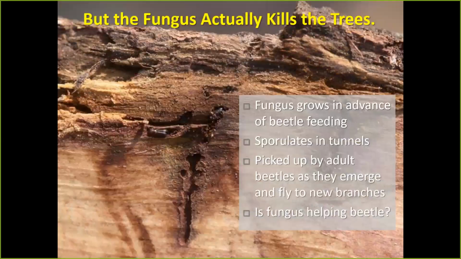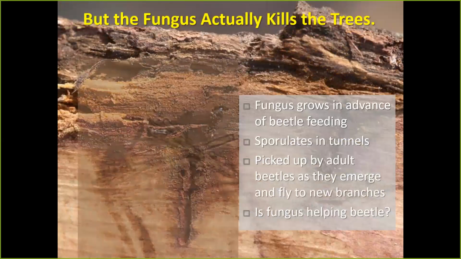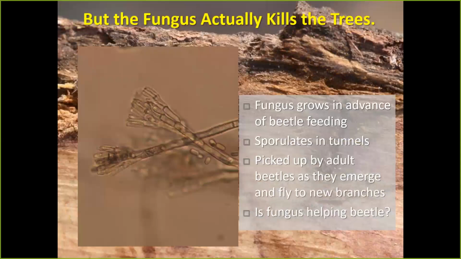Okay, so here we see the walnut twig beetles. They are actually boring through the tissue beneath the bark, and you can see wherever they're feeding, there's this blackened wound response, and that's actually the dead tissue. And the dead tissue is killed by the fungus, Geosmithia morbida.